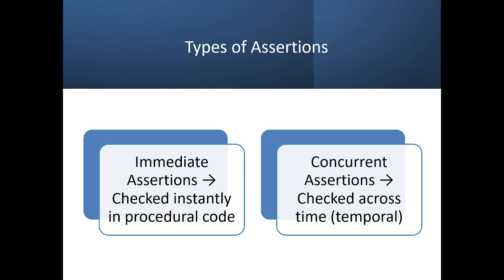Coming to the types of assertions, they are classified into two types: immediate and concurrent assertions. Immediate assertions check instantly and are useful for combinational logic or single-cycle conditions. Concurrent assertions check multiple cycles using temporal logic, like request followed by grant after one cycle, not the same as immediate assertions.